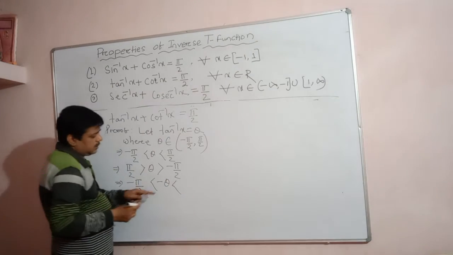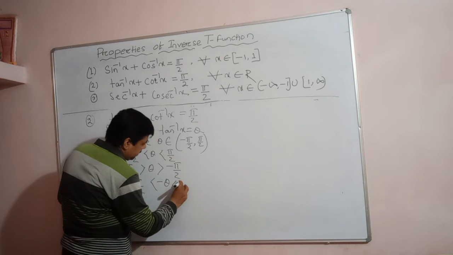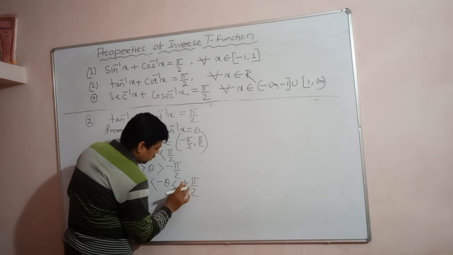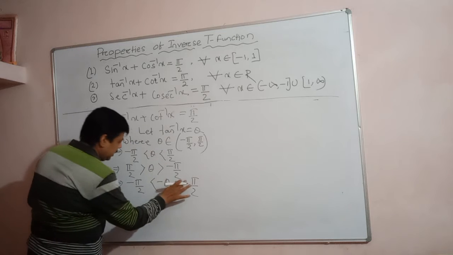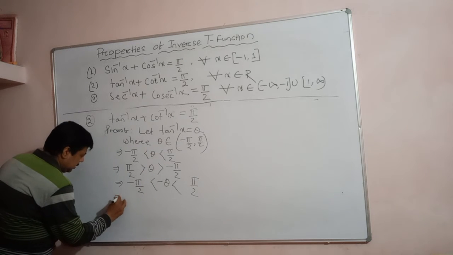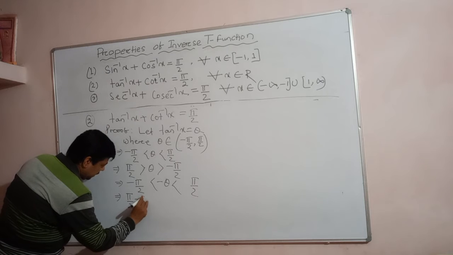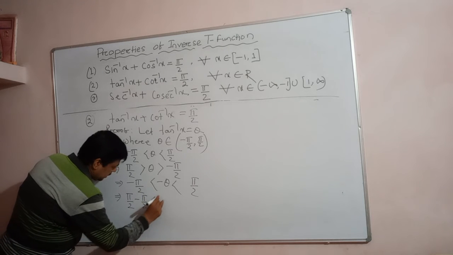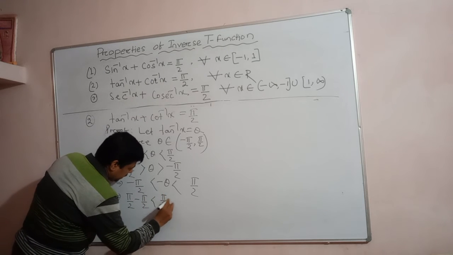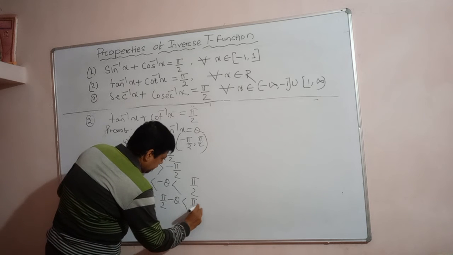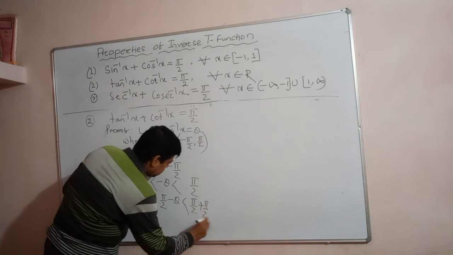Then you add pi by 2 on both sides: minus pi by 2 less than pi by 2 minus theta less than pi by 2 plus pi by 2.